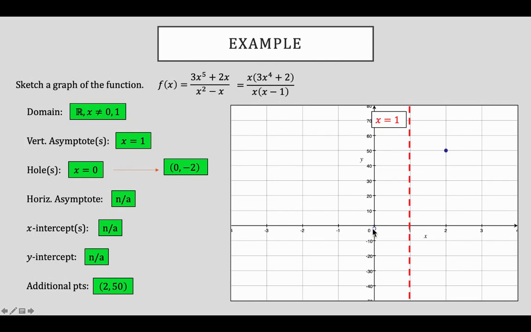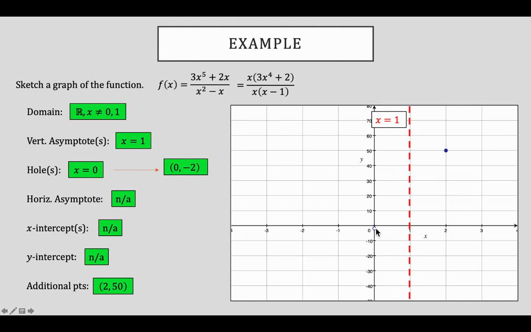All right, let's consider what's happening down here. So I have this hole in the graph at (0, -2). Well, as I move to the right of this hole, and my graph has to be connected to the hole, by the way, that's important to recognize, I approach a vertical asymptote. By definition of a vertical asymptote, the graph either has to go up or it has to go down as it approaches this vertical asymptote.